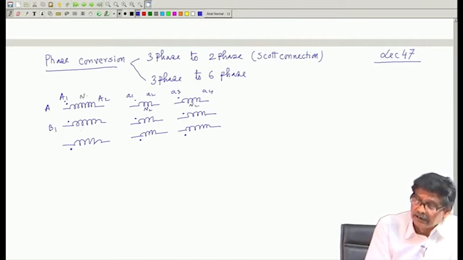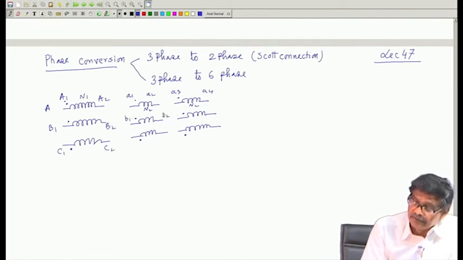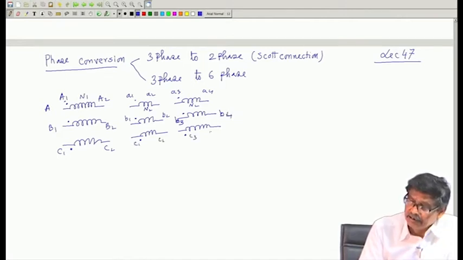These are all N1 turns, these are N2 turns, B1, B2, C1, C2, then B3, B4, and C3, C4, clear.